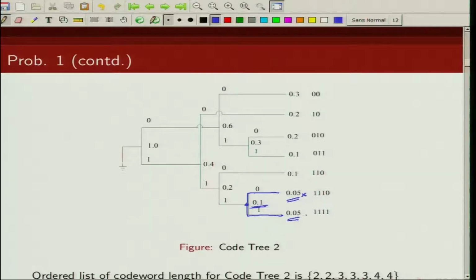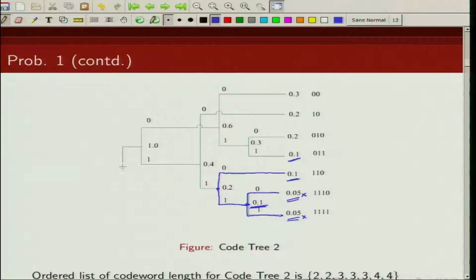We deactivate these nodes and activate this new node. So now we have this node with probability 0.1, this node 0.1, this node 0.1. We can combine any 2 of them. So let's combine these 2.